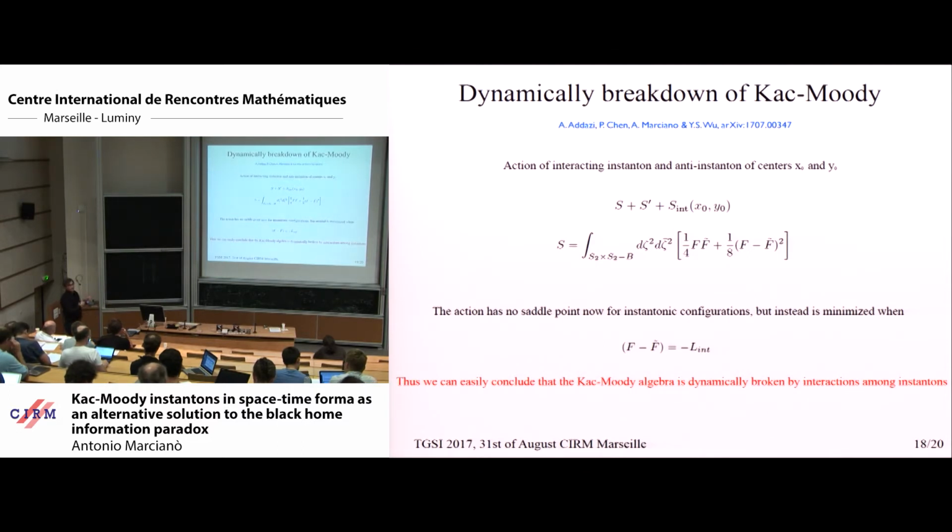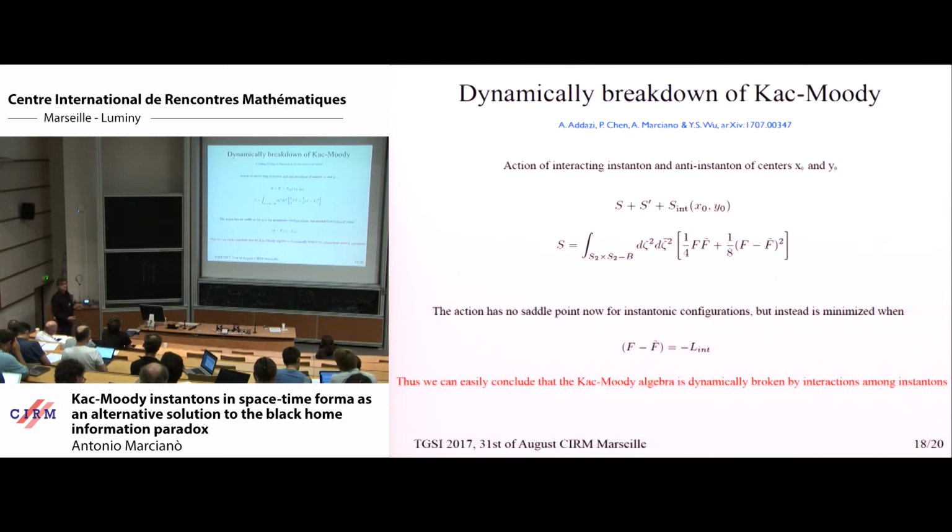So now, when you write your Euclidean path integral, you sum over these solutions, assuming that they do not interact. These are higher order corrections, and they do not affect your resolution of the path integral. But of course, this is true only in the dilute gas approximation.